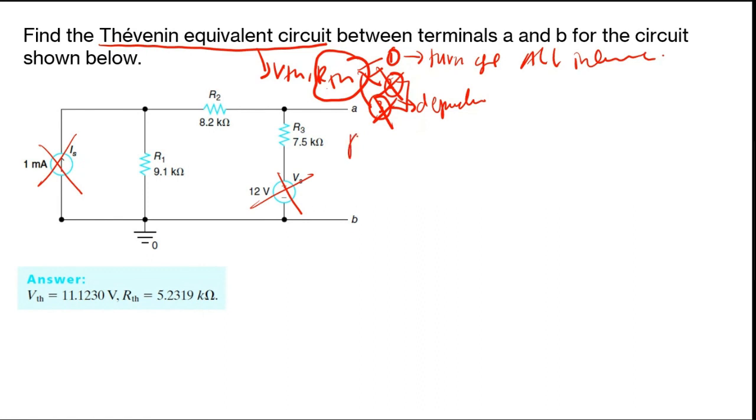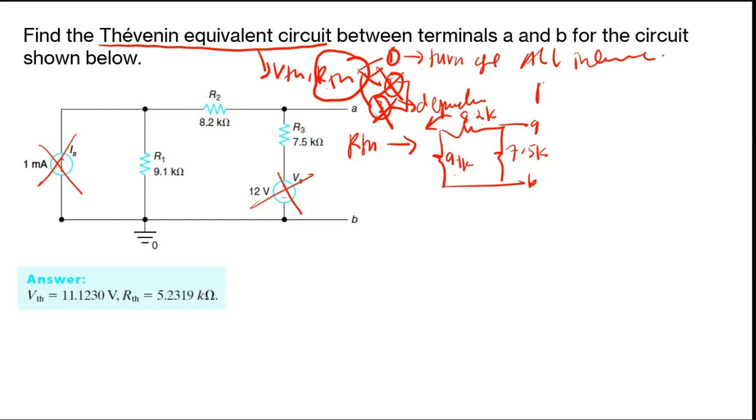Okay, let's say for RTH, when you redraw the circuit, you will have this circuit. This is terminal A and B, where this is 9.1K, this is 8.2K, and here is 7.5K. So you can start calculating from this side, where you know that 9.1 and 8.2 are in series, right?